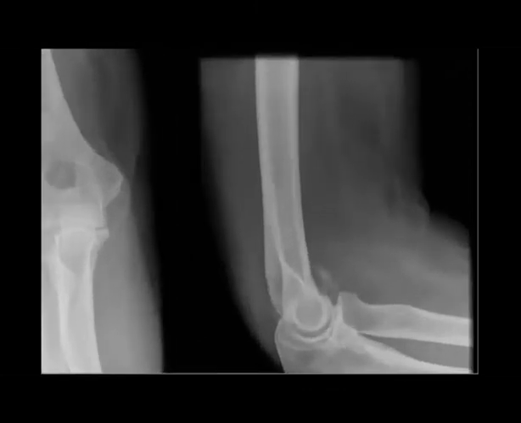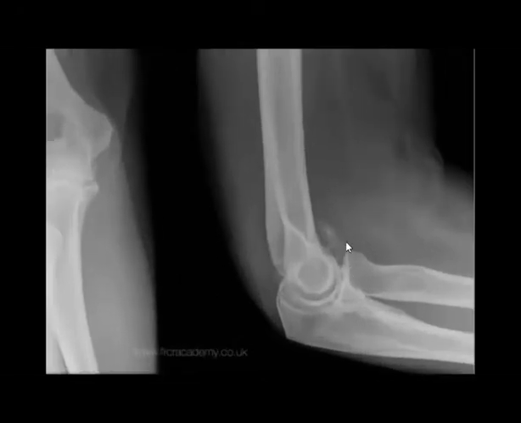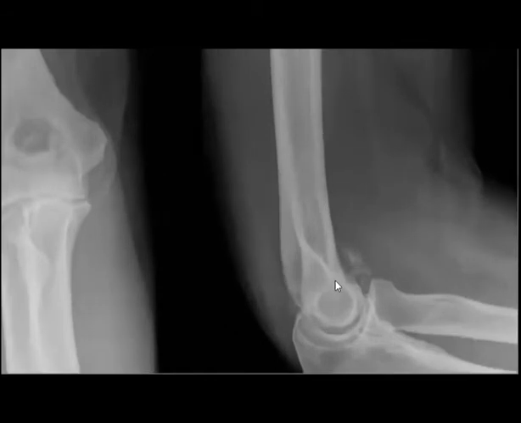This one is an easy one, if you like. The rice bodies, so it will be intra-articular loose bodies. Yeah, it will be what?